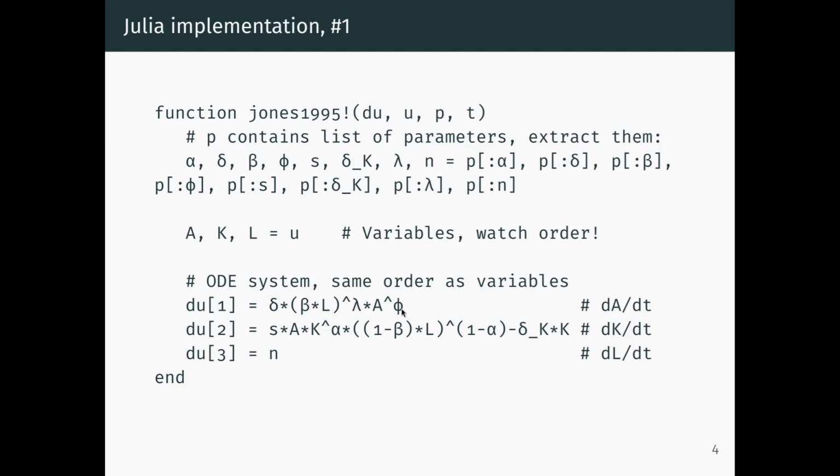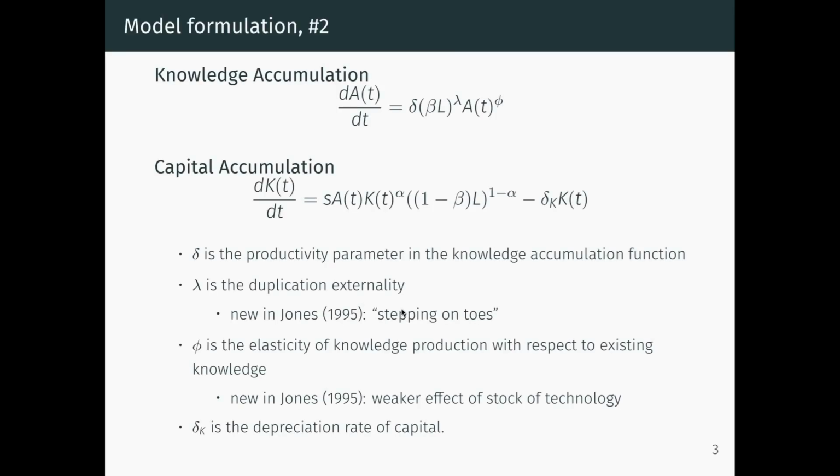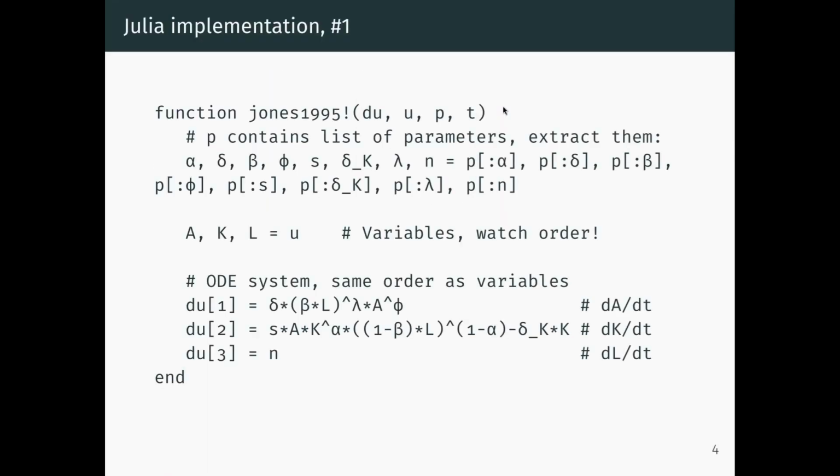So if we skip back, that's exactly the equation that we have here. And thanks to Julia, we can use these Greek symbols here, which makes the translation from the differential equations to the programming code even easier.